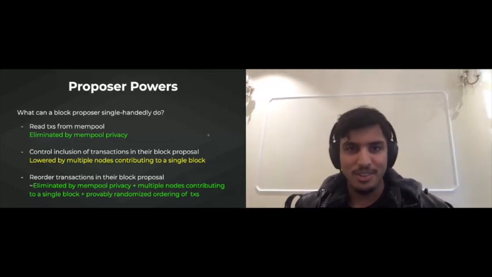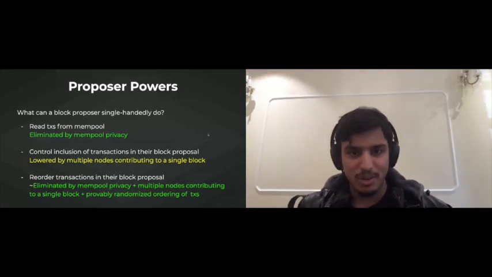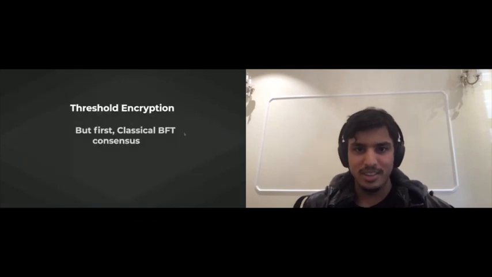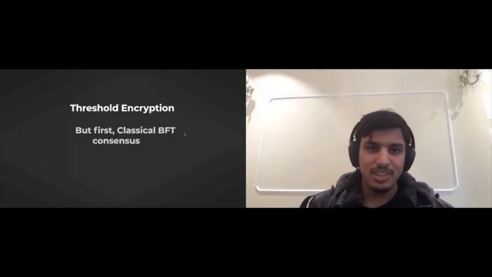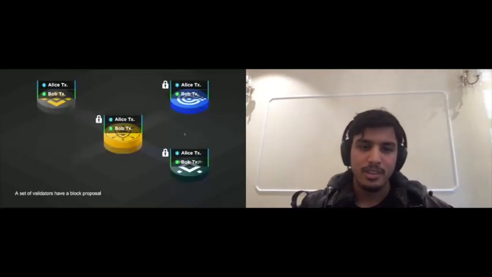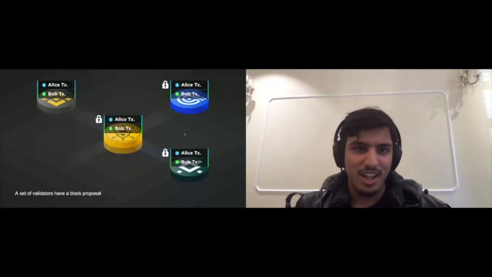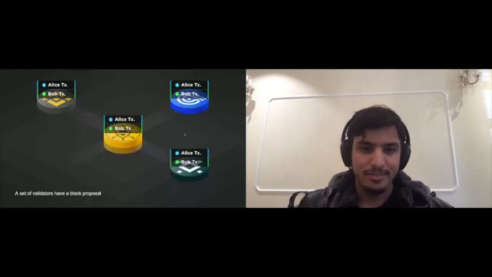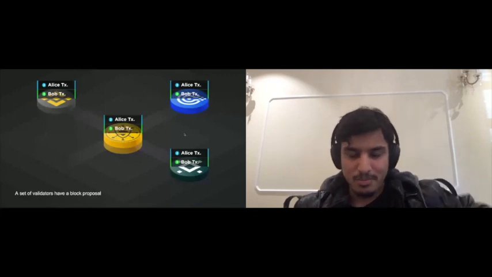So now I'm going to switch to threshold encryption and try to explain what this is. But before I can explain that, I'm going to explain classical BFT consensus. Classical BFT is like Tendermint or HotStuff. We have a bunch of validators, and they all have the same block proposal. Everyone votes on this block proposal. There can be multiple rounds of voting, but for now we're just going to care about the last round of votes.